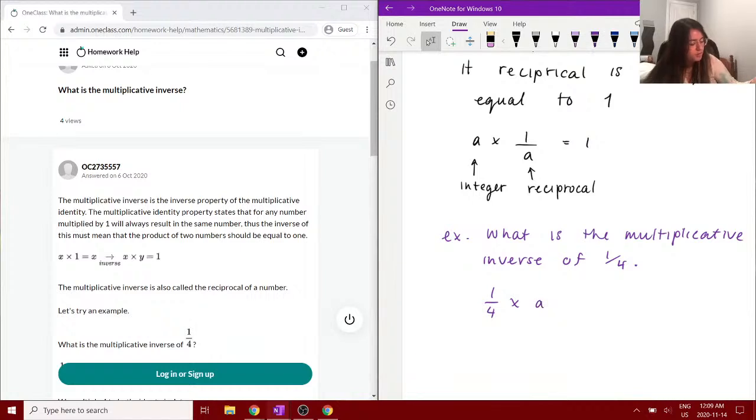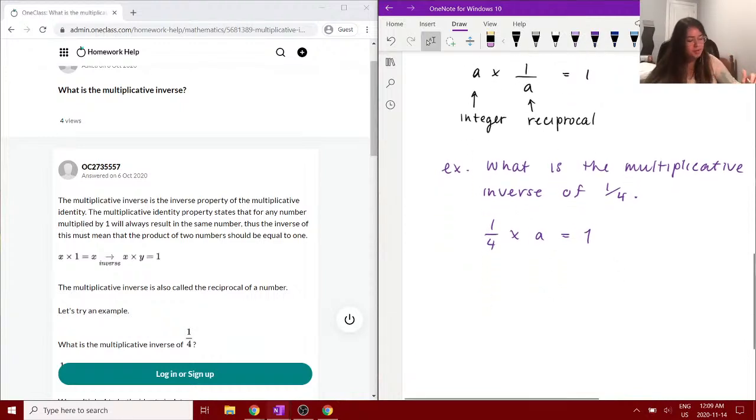So we have 1 over 4 times a is equal to 1, because we know that when the regular integer and the multiplicative inverse are multiplied, the product is always 1. So now we have to find what a is, or the multiplicative inverse.